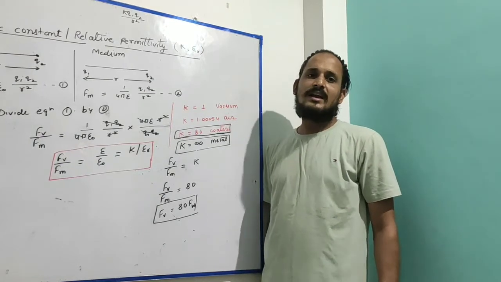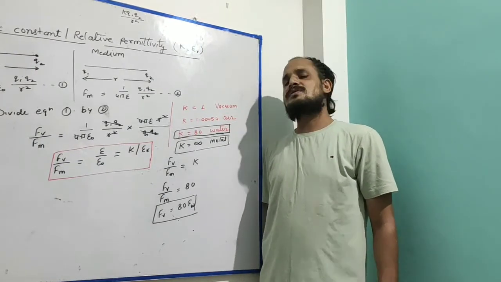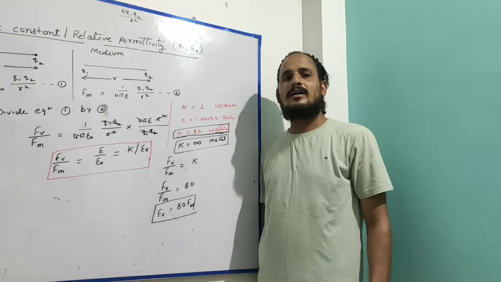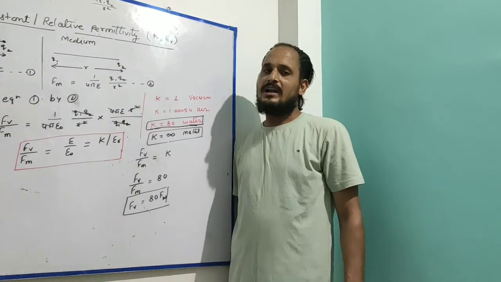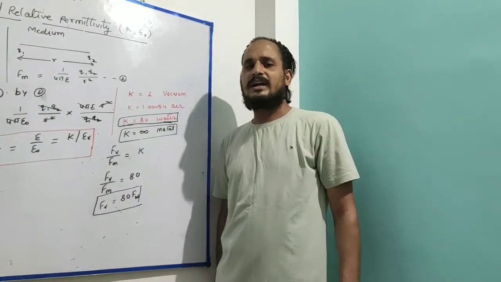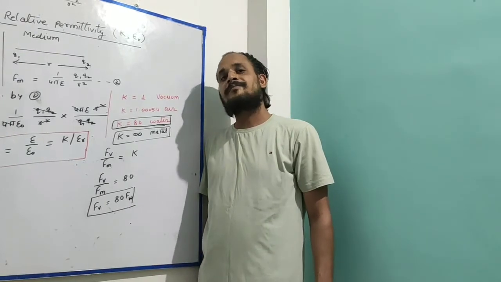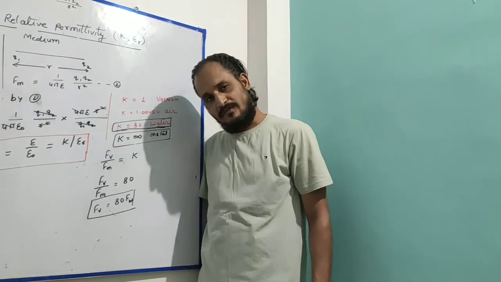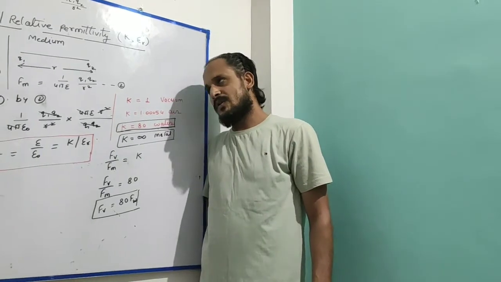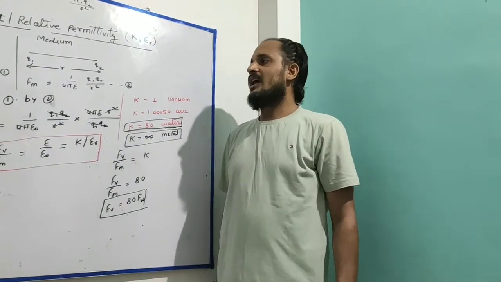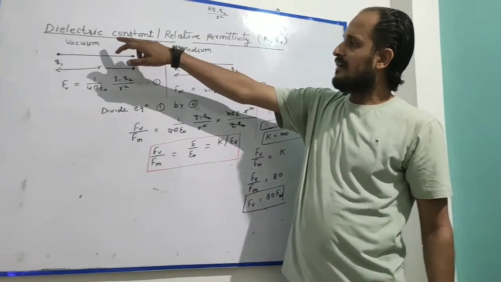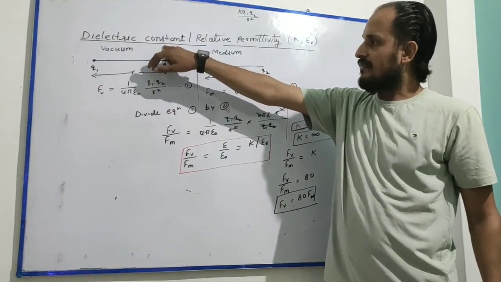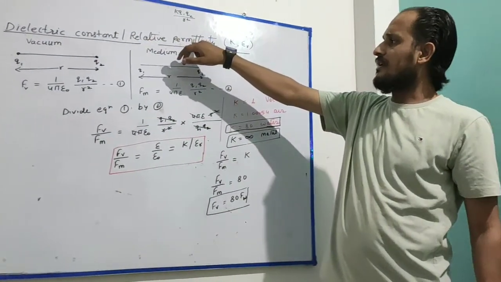Both the charges are unlike charges and the force acting between them is attractive. And vector form of Coulomb's law means vector form of Coulomb's law in terms of unit vector, in terms of displacement vector. And the last topic we have completed was dielectric constant or relative permittivity.